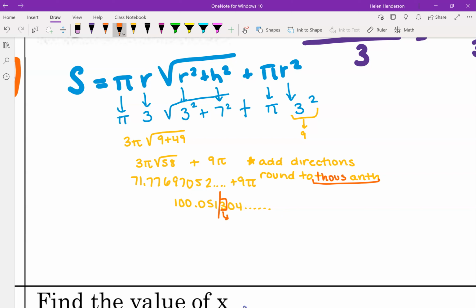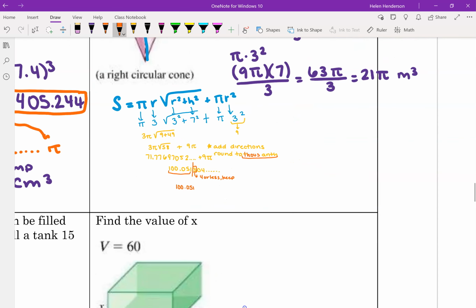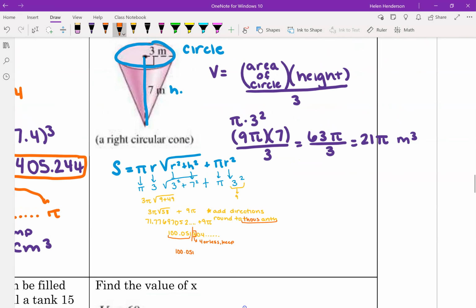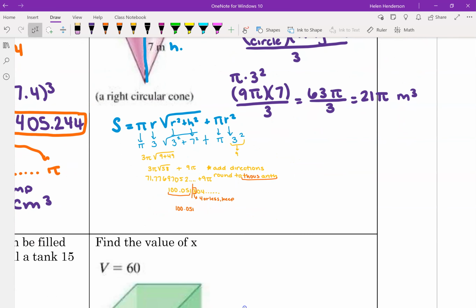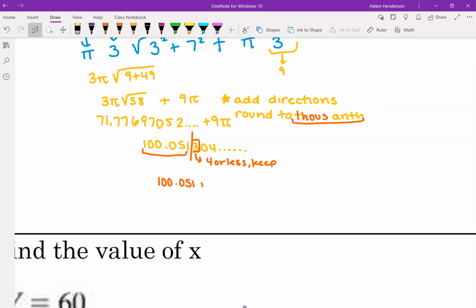And so that means 4 or less means keep what you started with. So I'll keep 0.051. So my surface area would be 100.051. And now let's see, what were the units on that? Meters. So this would be square meters because it's an area.